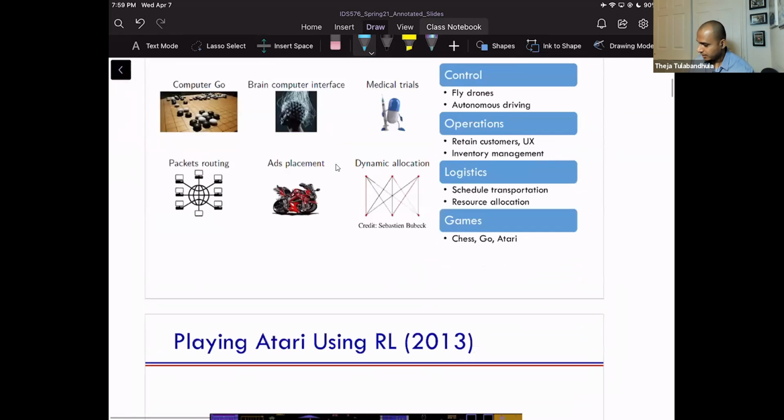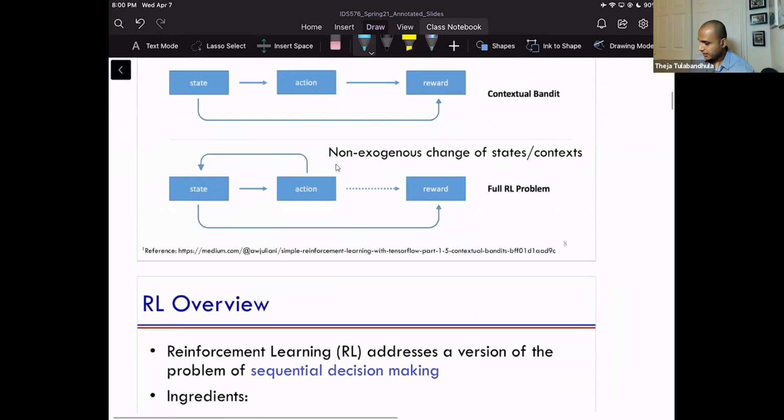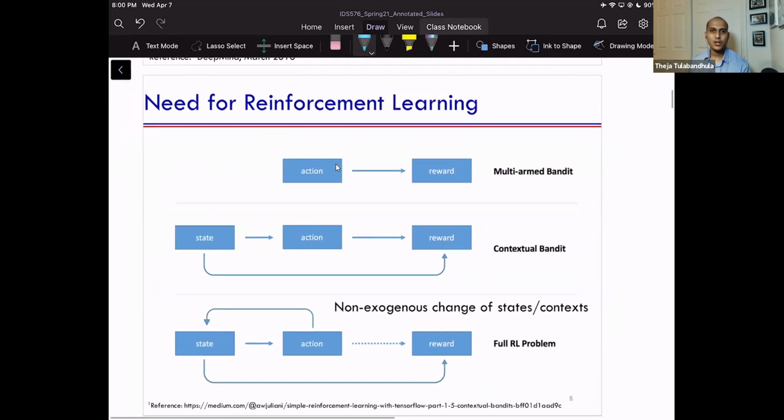Let me scroll over to the motivating ideas. This slide gives you an overview of the relationship between the 3 problems. The multi-armed bandit problem says take an action, get a reward, and try to figure out which action is the best. All 3 problems, multi-armed bandit, contextual bandit, and the full reinforcement learning problem, have the same idea: collect more and more rewards.